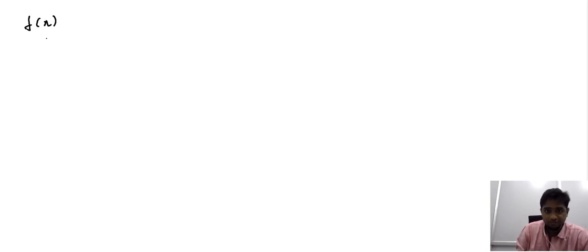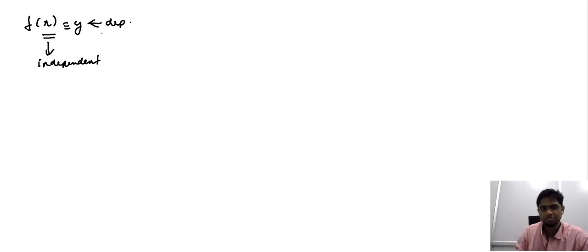We considered a function f of x, essentially dictated by a single independent variable x. And if we treat this entire function as another variable y, then y is the dependent variable, which is influenced by the independent variable x.